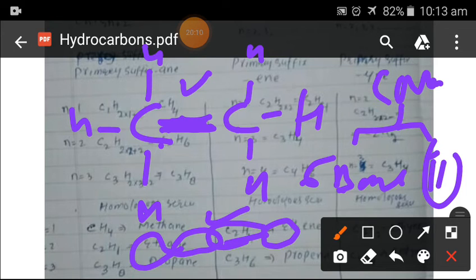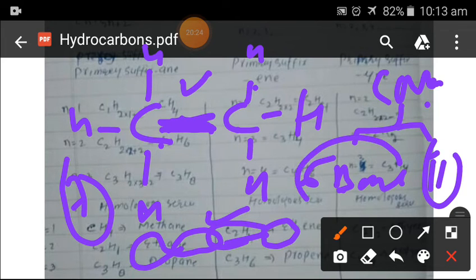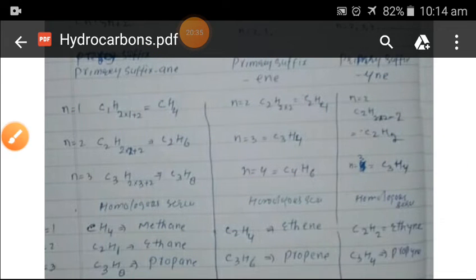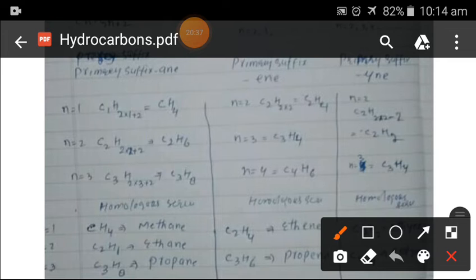There are 1, 2, 3, 4, 5, 6, 7 sigma bonds formed in the ethane molecule. Clear? There is no double bond, only sigma bonds are present. So one type of covalent bond is called a sigma bond, where there is head-to-head overlapping of hybridized orbitals. Clear?